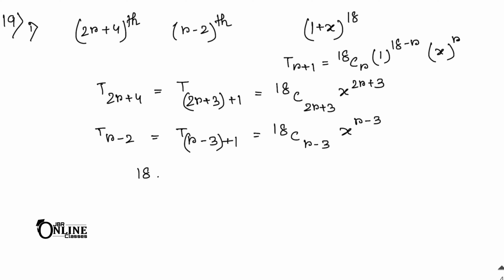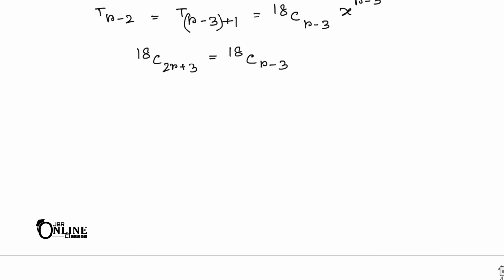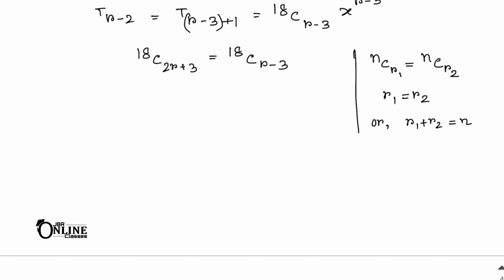So you can write 18C(2r+3) is equal to 18C(r-3). Then there is a formula: if nCr1 is equal to nCr2, then r1 is equal to r2, or r1 plus r2 equals n. So this is the formula.